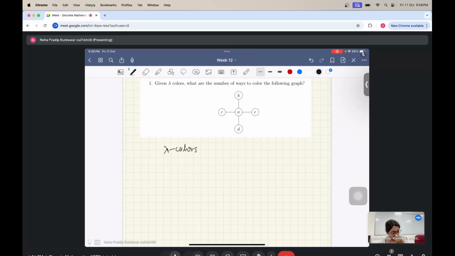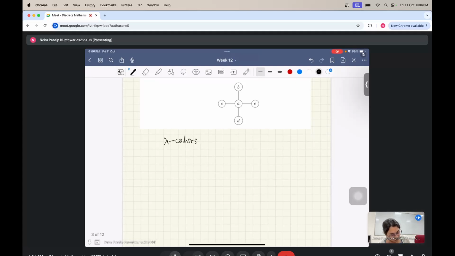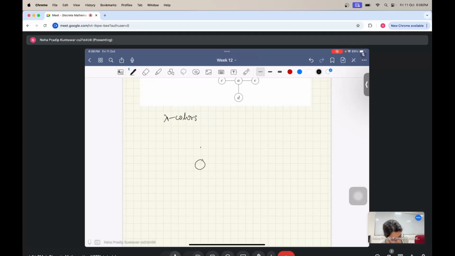So let's try to solve this. This is what the graph looks like. Now let's say I have lambda colors here, and I want to color this guy. I can color it in lambda many ways, so there are lambda choices for the first vertex.